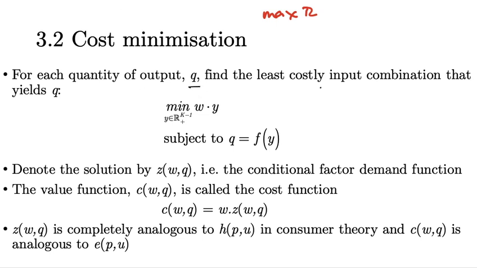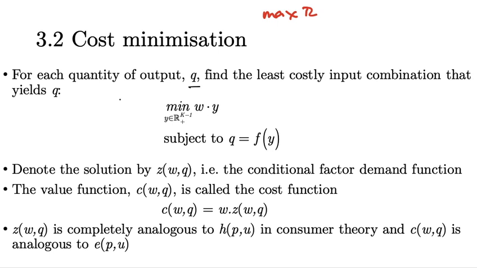We need to find the least costly input combination that yield Q. In other words, we want to find how many output we need to produce, the quantity of output which is Q, that can give us the cheapest cost of production. When we can produce that amount of quantity of output with the cheapest cost of production, if you can recall back your principle of microeconomics that you learned in first degree, then that means we have productive efficiency.